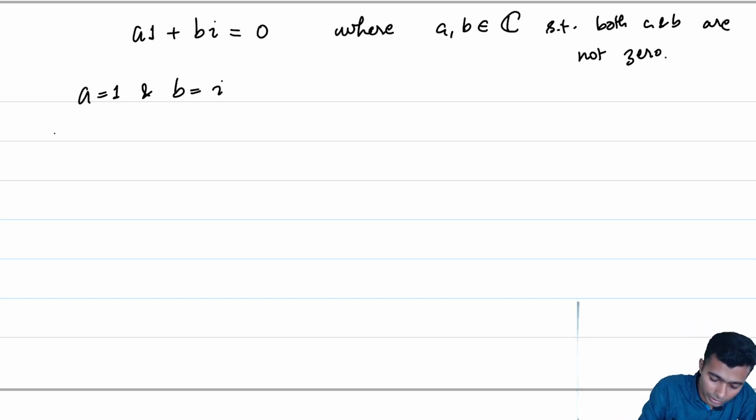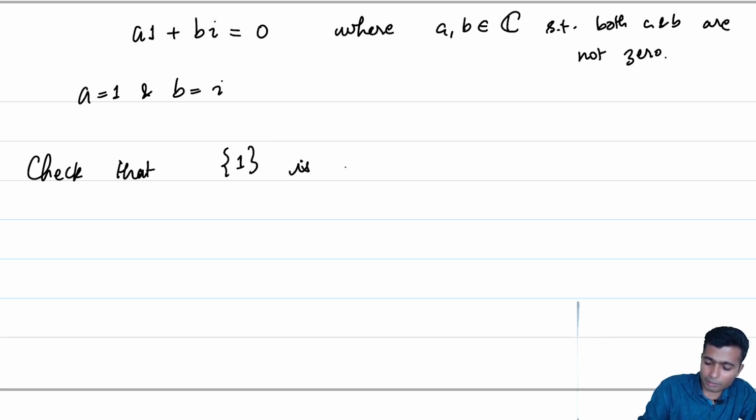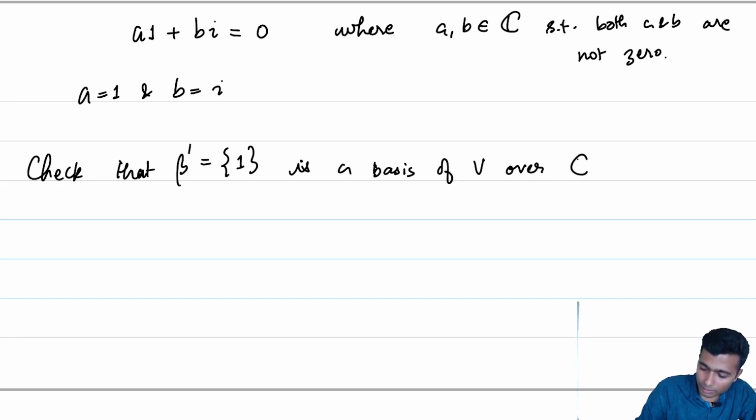I would also leave you to check that the set beta prime, which is equal to {1}, is a basis of V over C. So if you consider the vector space of complex numbers over C, it has dimension 1.